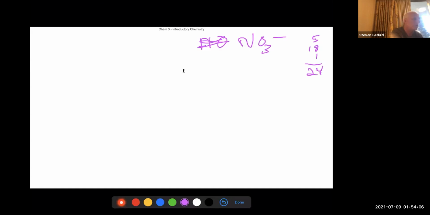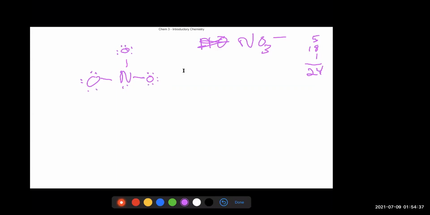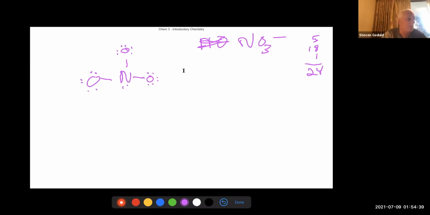So nitrogen goes in the center. Here we've got an oxygen going to each one. And then let's make everything have 8. Okay. Now, how many electrons around our structure? How many dots do we have, and then 2 in each line? 26. That's not 24. So we're going to make a multiple bond.